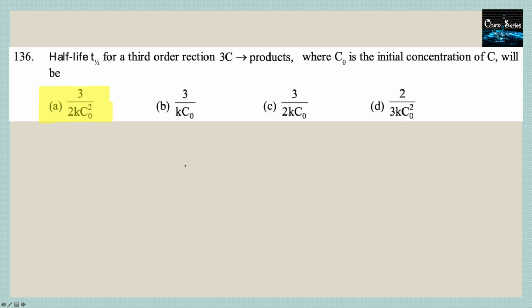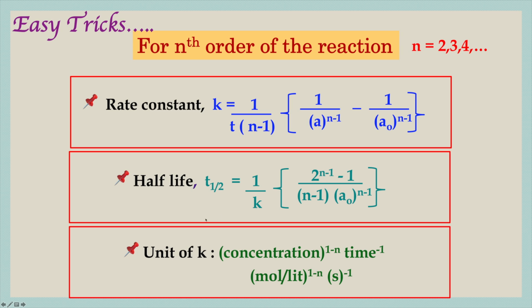So we have the half-life formula, right? This one. So if they are asking third order, then just substitute n by 3. So what do you get? 2 power 3 minus 1, that becomes 2 power 2, 4. 4 minus 1 will be 3. 3 divided by 3 minus 1 will be 2, so 2 into A naught power 2.